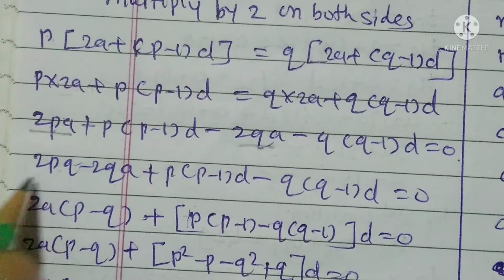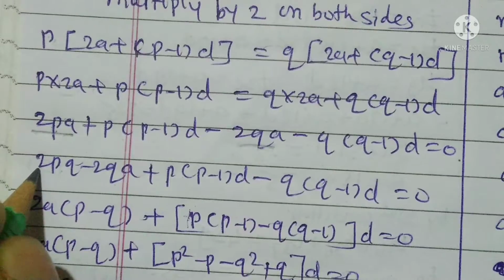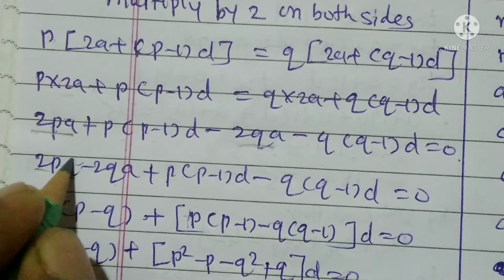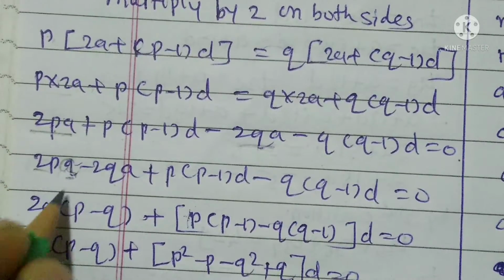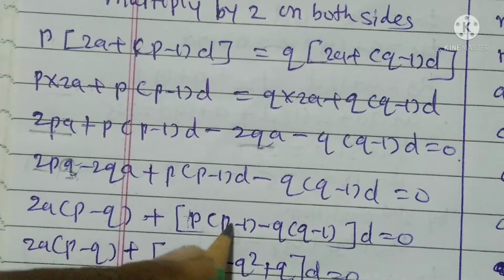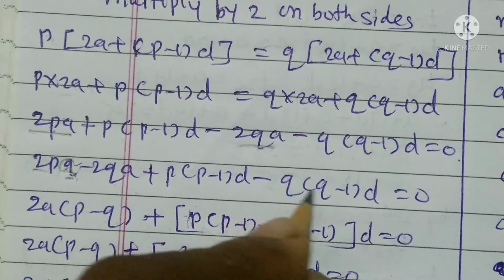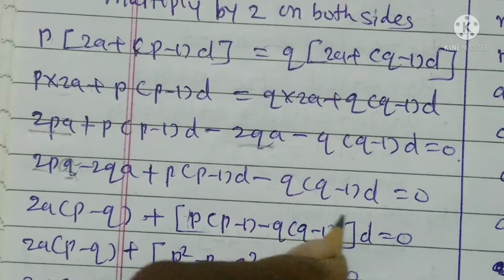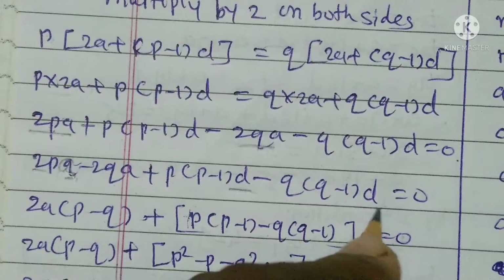So here 2a is common, so 2a(p minus q) plus d times (p into (p minus 1) minus q into (q minus 1)). Both have d common.